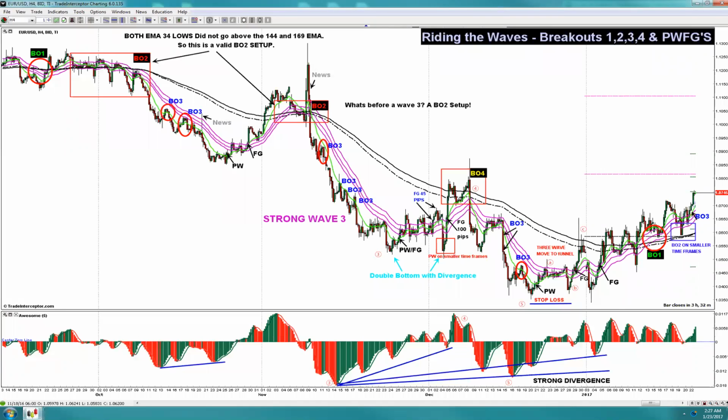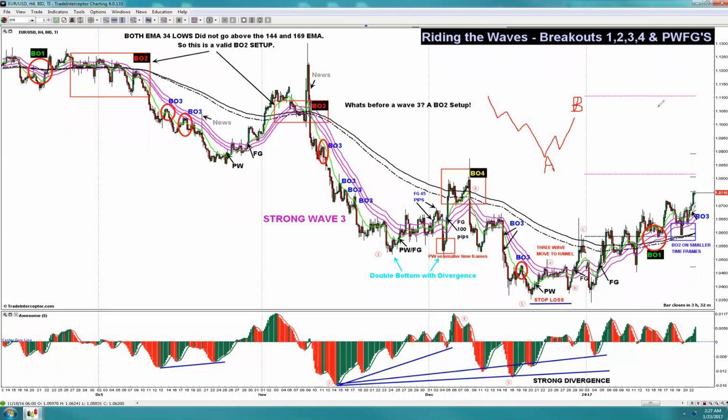The only difference will be if it's after a wave A for the B, then let me draw this out. Let's say this is an A wave, and we do a PW fill the gap for the B wave.